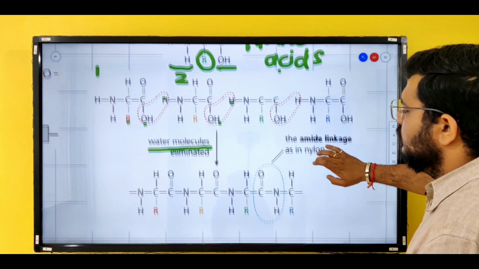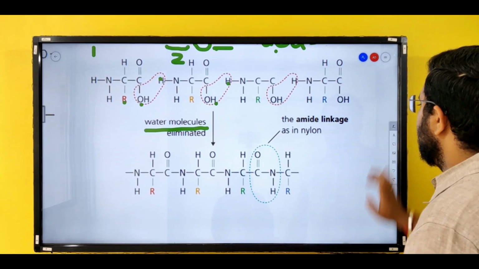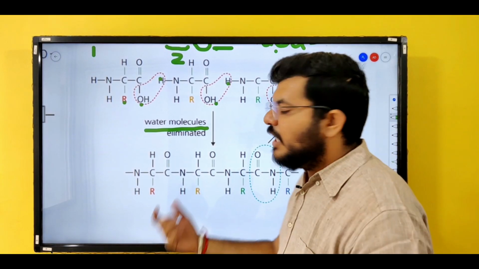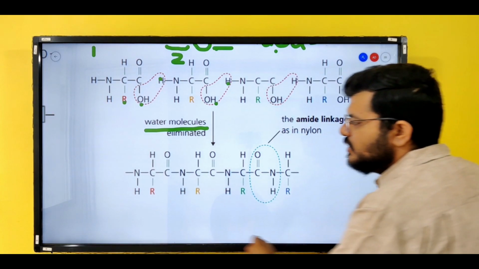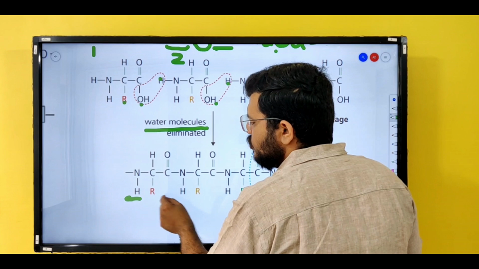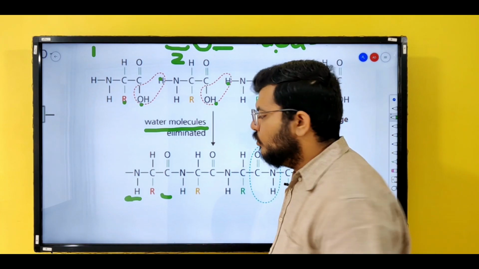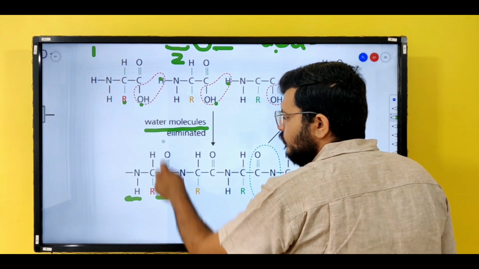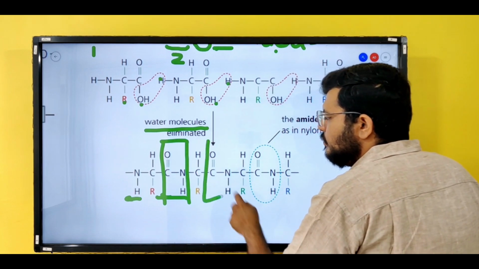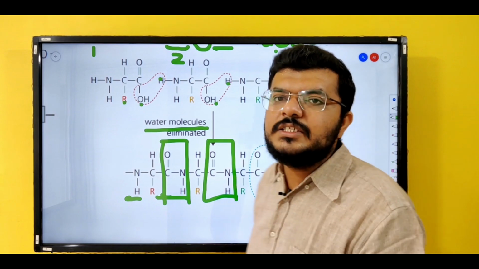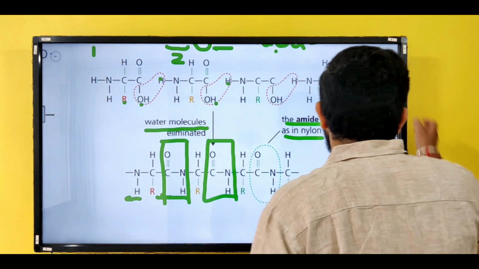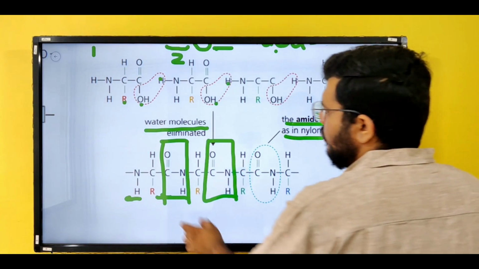In nylon, we had seen the amide linkage where the monomer had only COOH or NH2. But in this case, each monomer has an NH group and a C double bond O group. This forms repeatedly, which is known as amide linkage. This is same as nylon. The amide linkage is same as nylon.